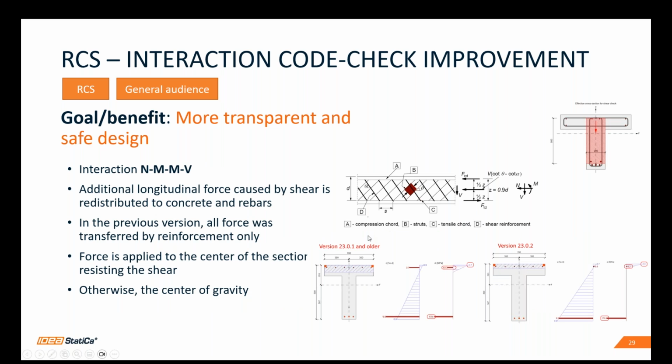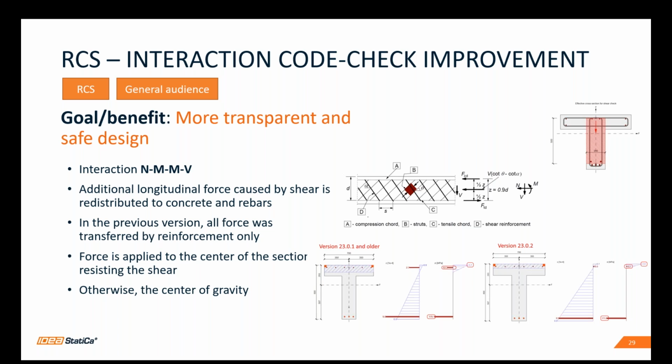In the second step, if the shear force is added, the additional longitudinal force caused by shear is now redistributed to the concrete and the rebars also. In the previous versions, all the forces were transferred only via the reinforcement rebars, so it wasn't so precise.